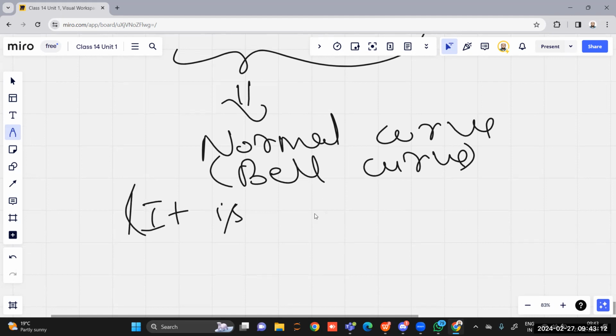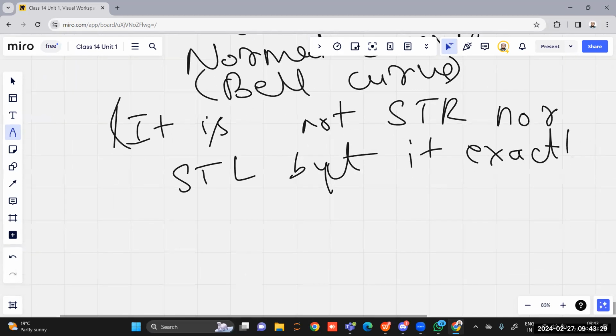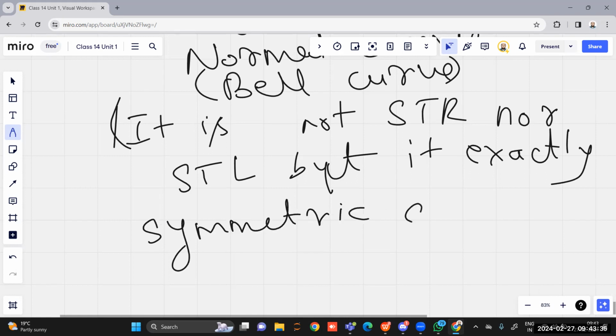It is not skewed to the right, nor skewed to the left, but it is exactly symmetric at the center.